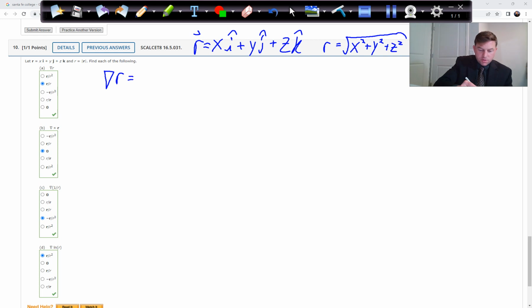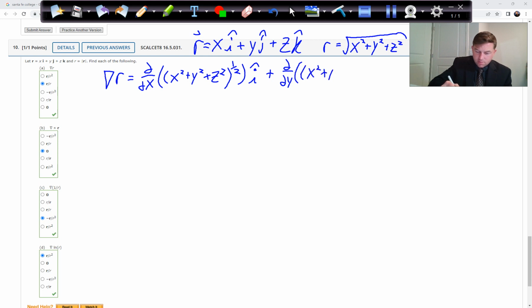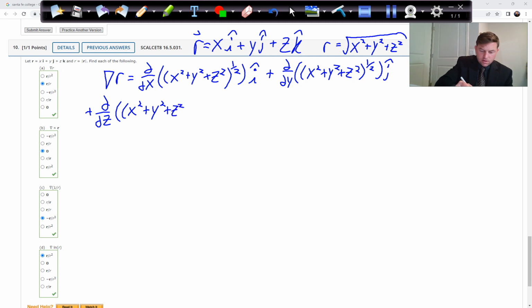It's going to be equal to the partial with respect to x of, and I'm going to write this a little differently, x squared plus y squared plus z squared raised to the 1/2 in the i direction, plus we're going to have the partial with respect to y of the exact same thing, x squared plus y squared plus z squared raised to the 1/2 in the j direction, plus partial with respect to z of x squared plus y squared plus z squared to the 1/2 in the k direction.